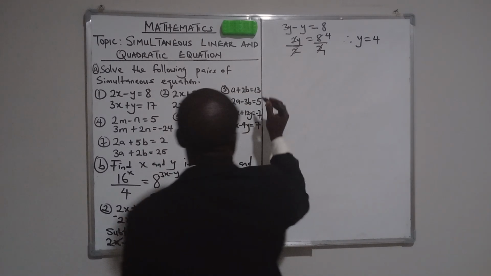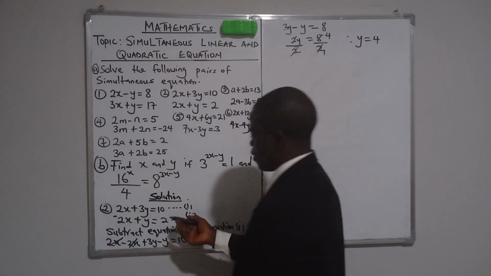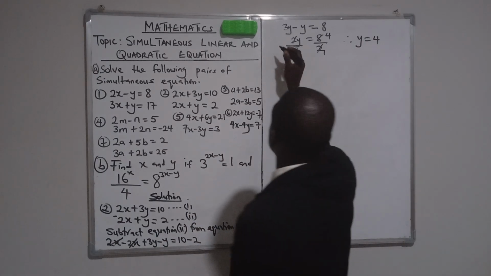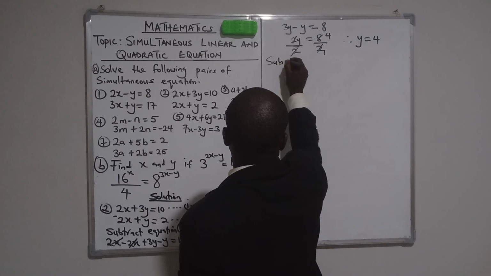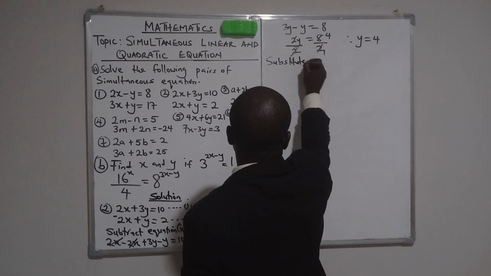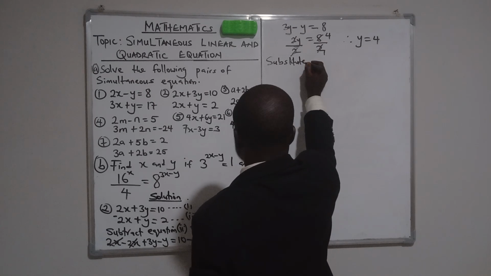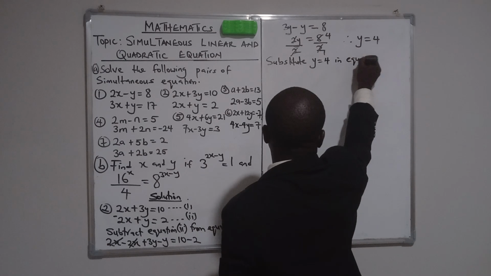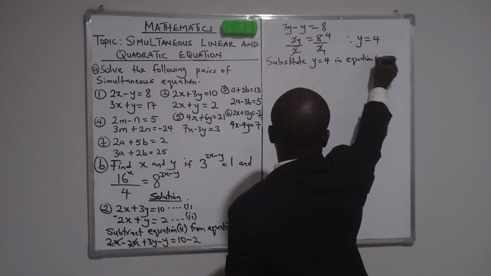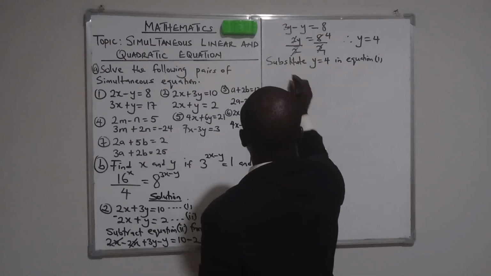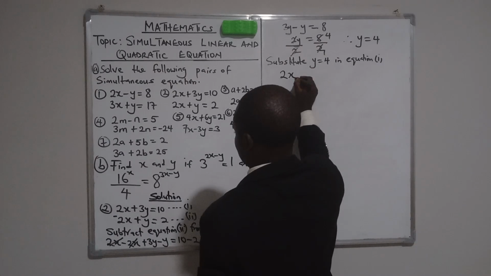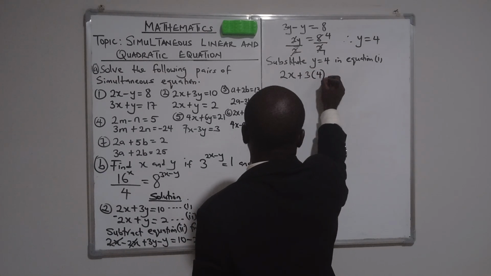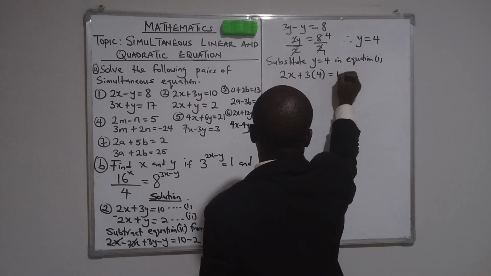You can now substitute in any of these two equations; pick equation 1. Substitute y equals 4 in equation 1. In that case, you have 2x plus 3 times 4 equals 10.